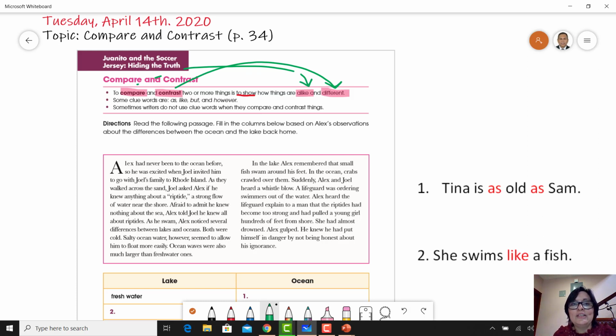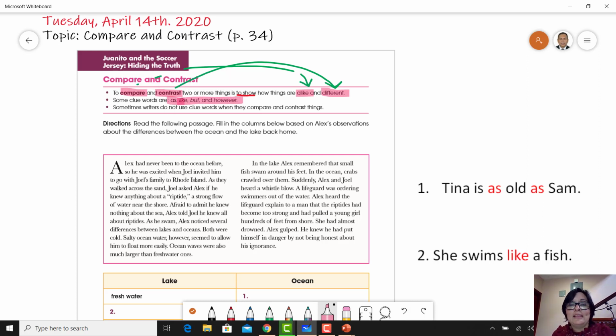The second point says, some clue words are as, like, but, and however. So let's underline those clue words. As, like, but, and however.